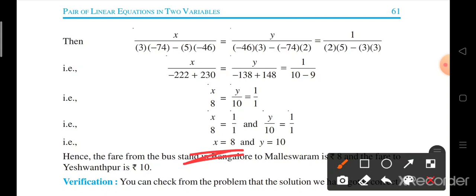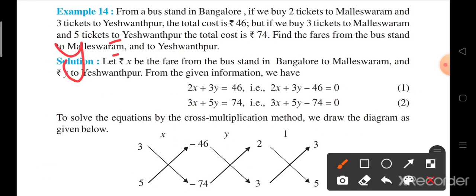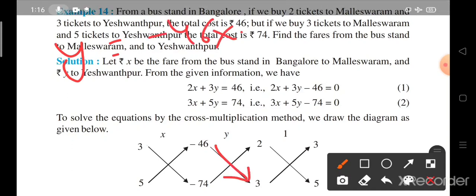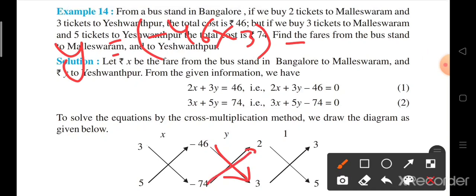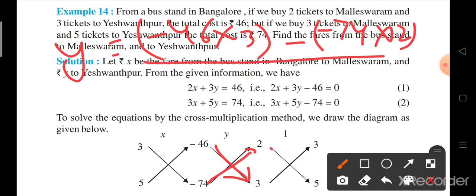Similarly for y, minus 46 into 3 minus 74 into 2, divided by the same 2 into 5 minus 3 into 3.